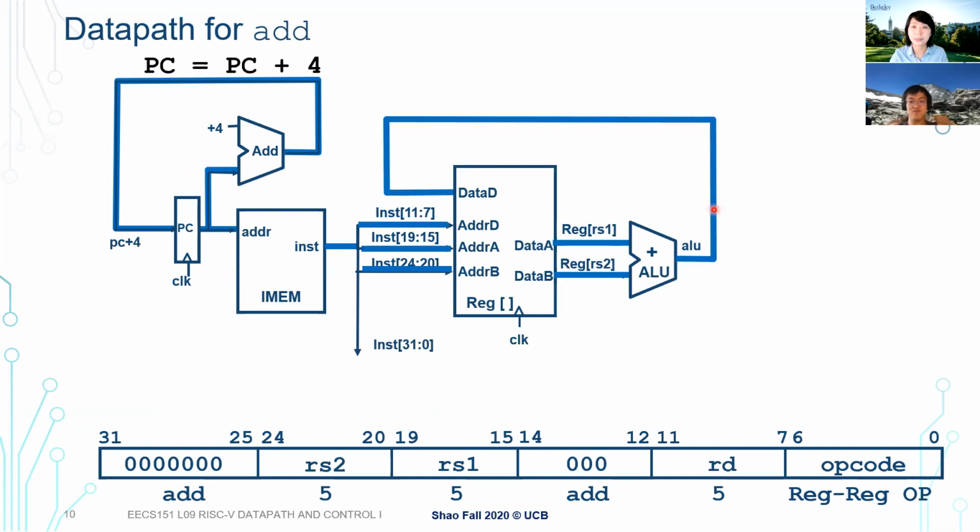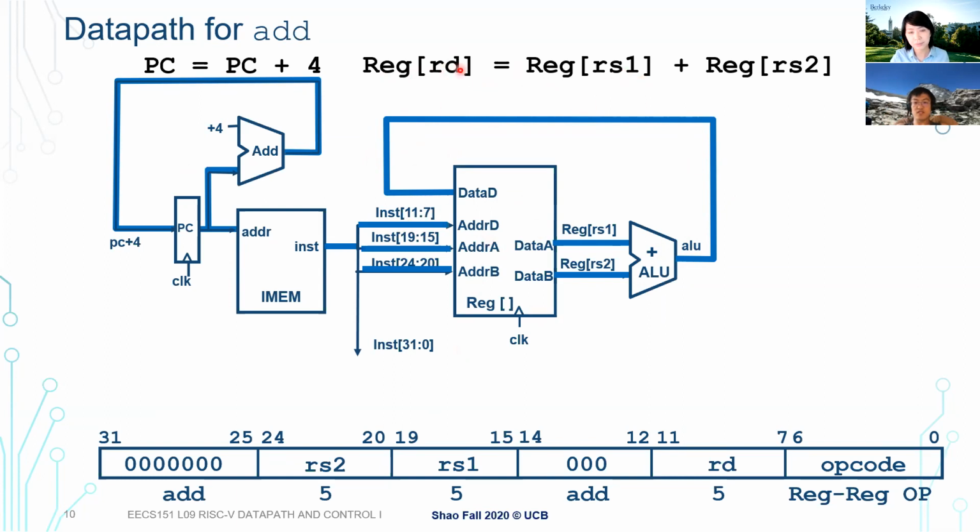Then the result of your addition goes back to the register, because we are changing the register state. Given the updated data that we just calculated and the destination register index, we can write to our register. So that's how we change the state of our register, by updating the destination register with the sum of the two source registers. So this is the datapath.